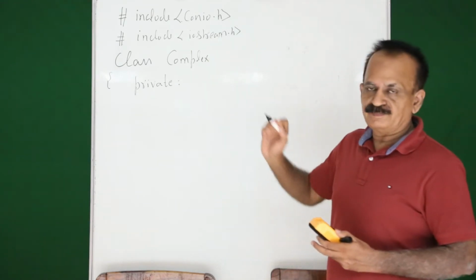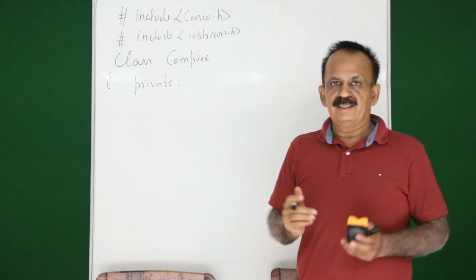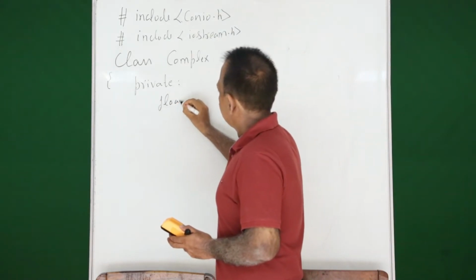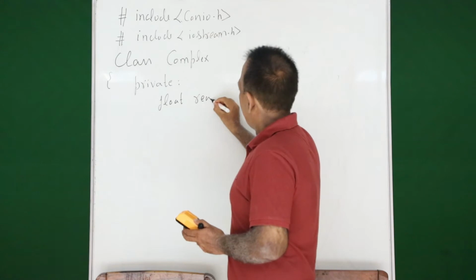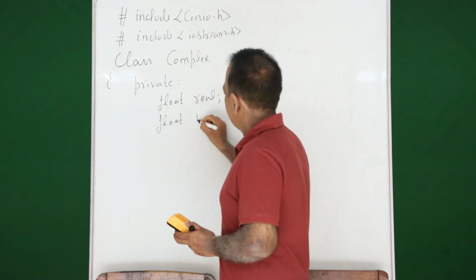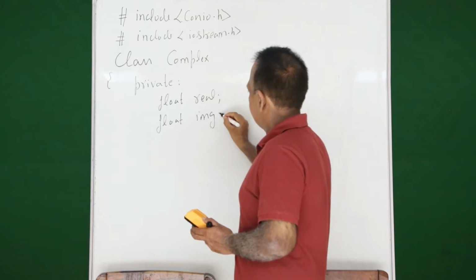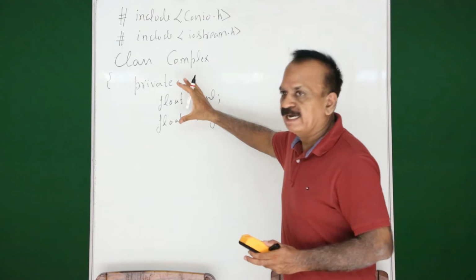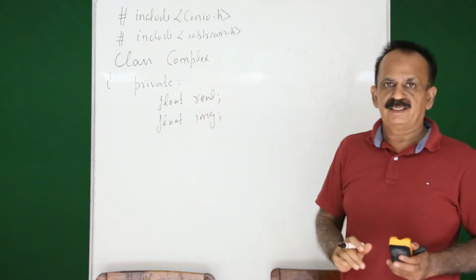So private: data members I will be declaring as private. Say float, this is the real part, and another float, which is the second member, that is the imaginary part. Now this particular part is the data member declaration of the class.